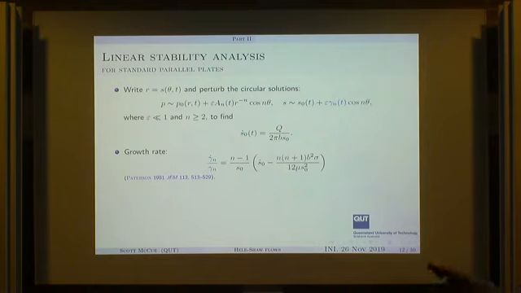You can work out that the speed of the interface for the circular solution is related to the flow rate at infinity. So the faster you suck fluid out at infinity, the faster the interface moves. And the growth rate of each perturbation is given by this expression here.